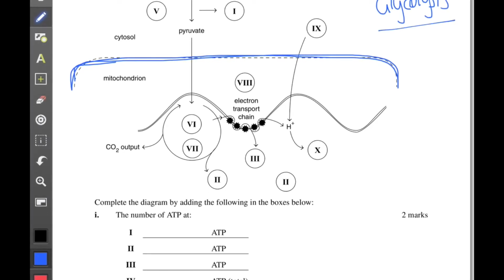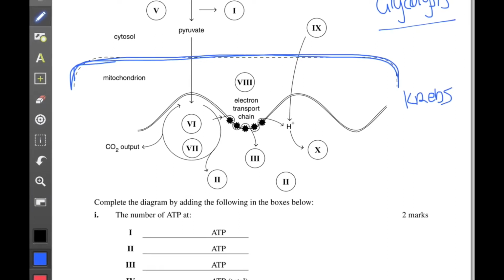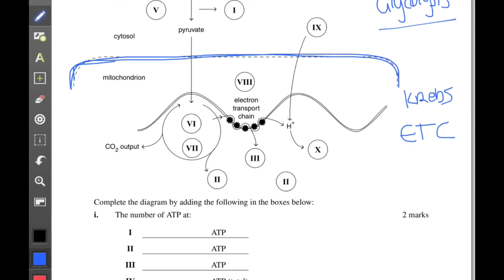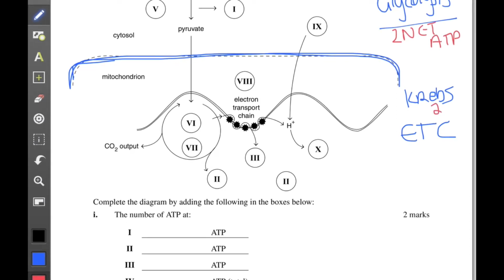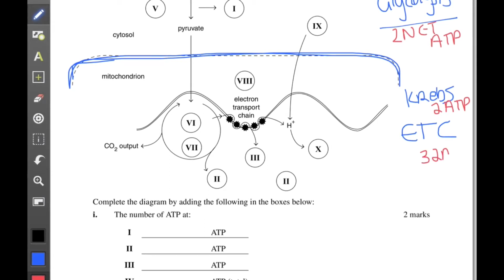We have Krebs, and we have electron transport chain. You know that glycolysis gives you 2 net ATP. Krebs gives you 2 ATP. And electron transport chain 32 ATP. In total, 36 ATP.